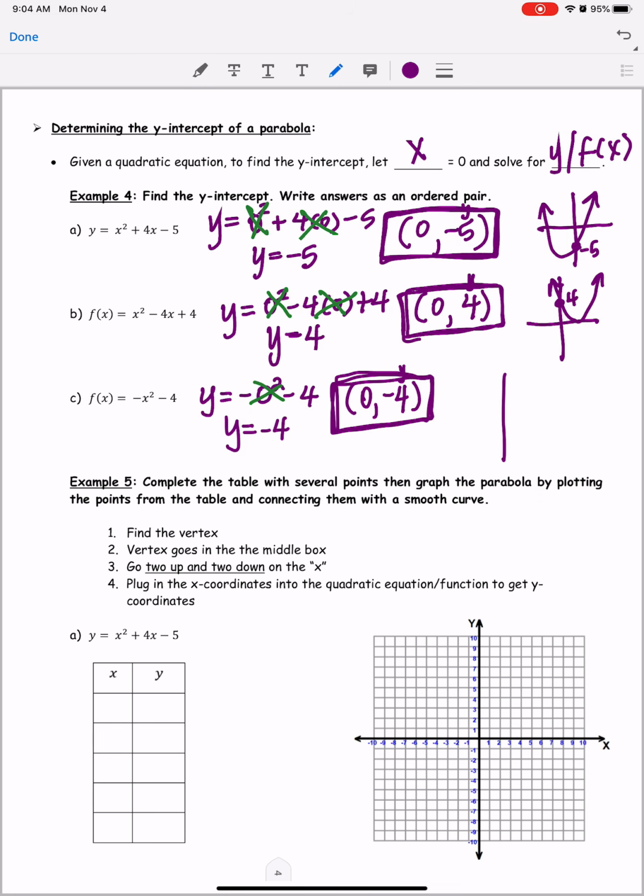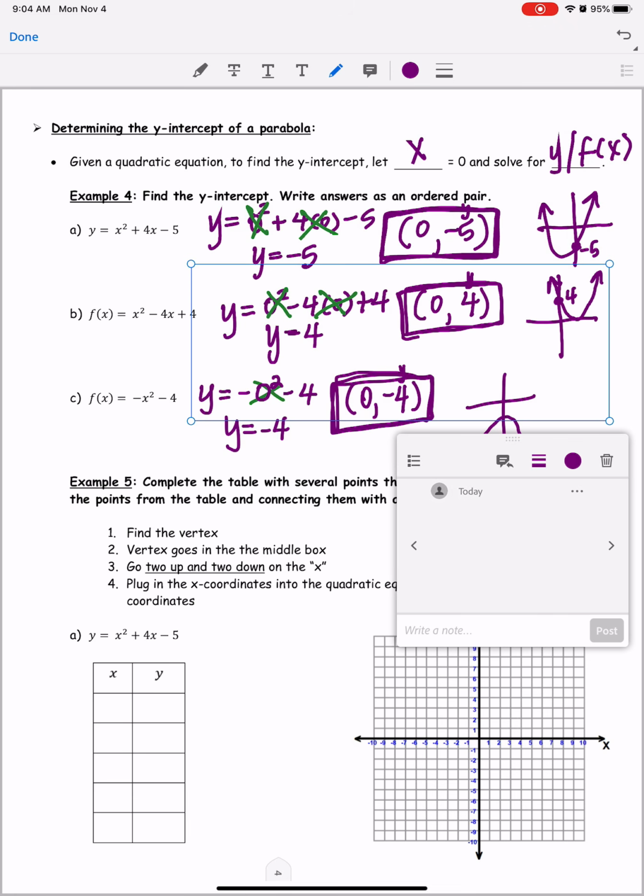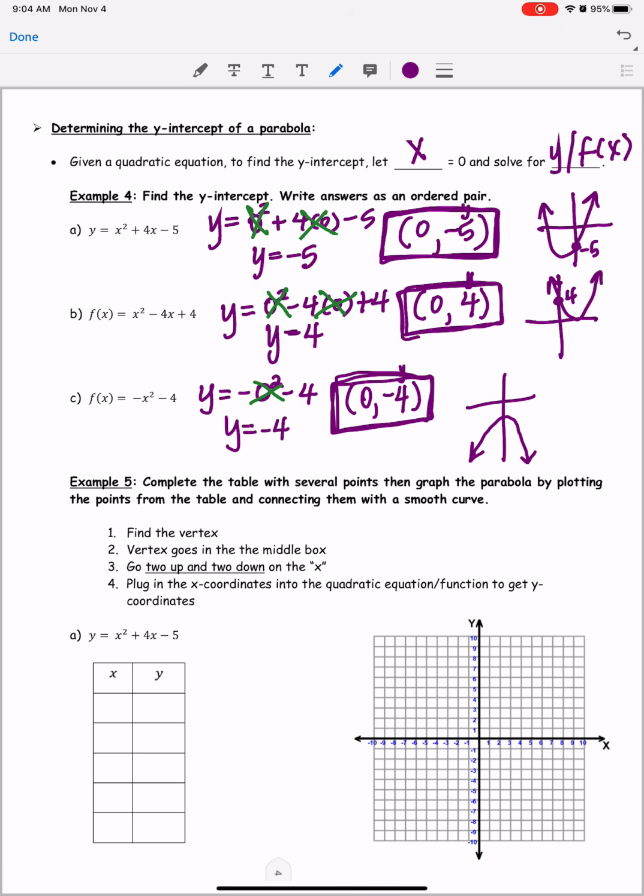So what we have found is that it crosses right here at -4. Okay, so we have found different parts of this parabola.